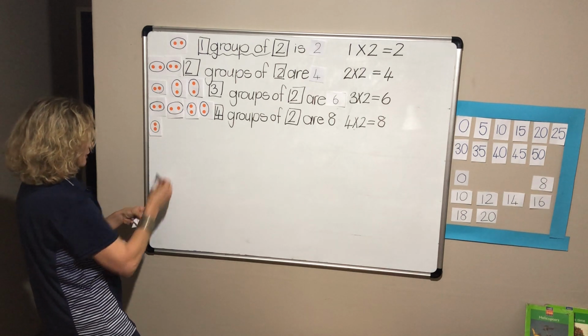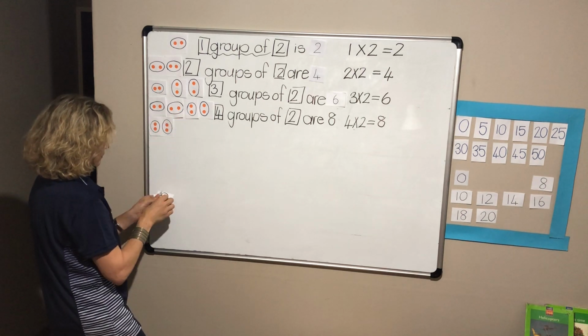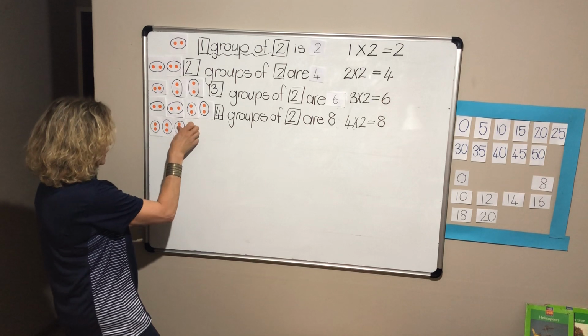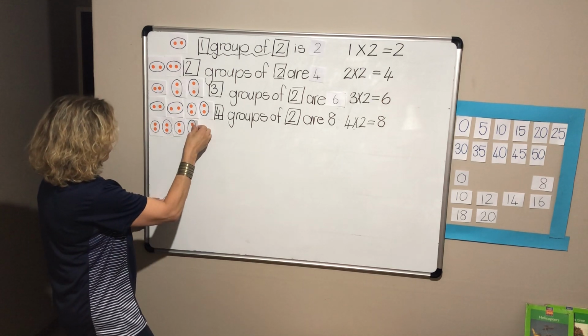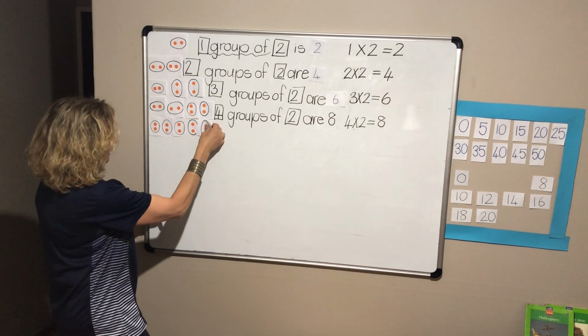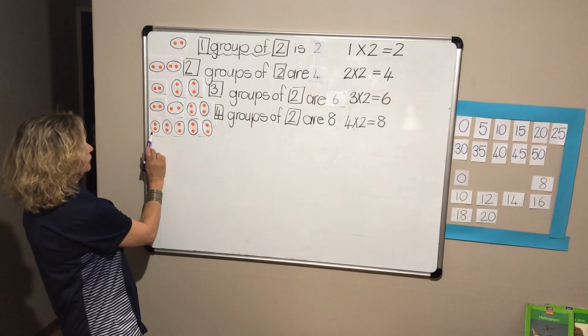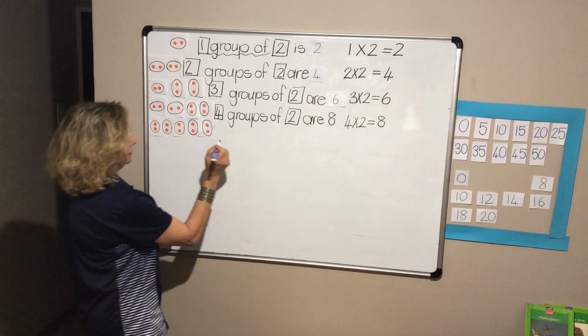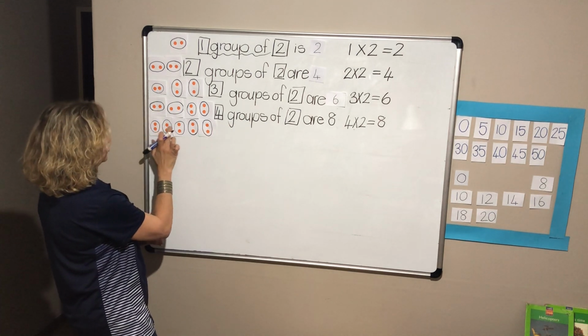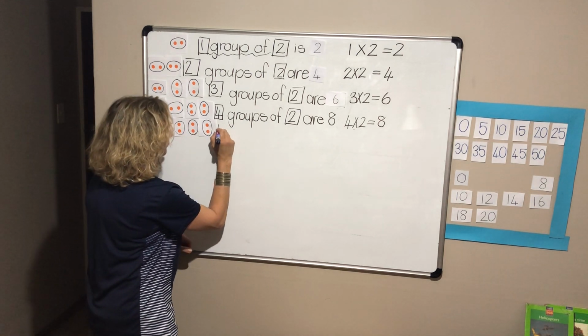1, 2, 3, 4, 5 groups. Okay, let's put them together. 2, 4, 6, 8, 10. But we saw 1, 2, 3, 4, 5 groups.